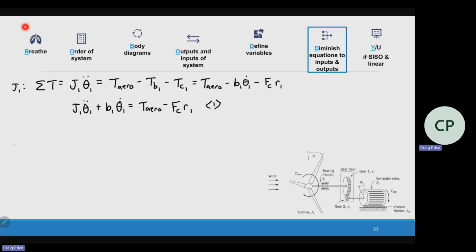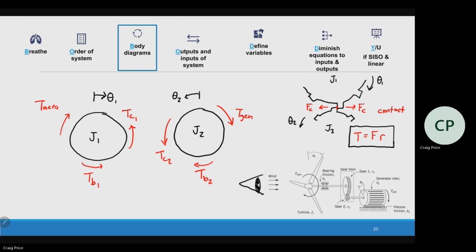Okay, let's go to J2. I got sum of torques equals J2 theta 2 double dot. I go back to my equation, and which torques are positive?